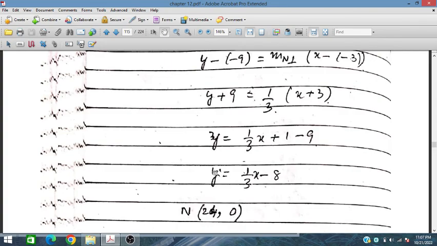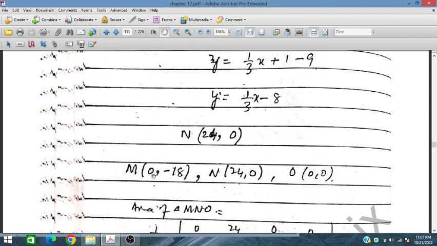So we place 0 here. The x is obtained as 24. So we have M at 0, minus 18, N at 24, 0, and the origin as 0, 0.